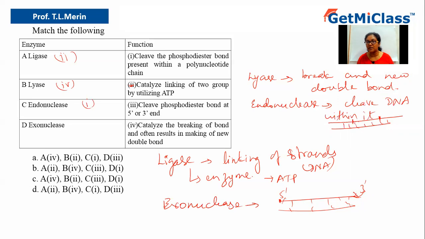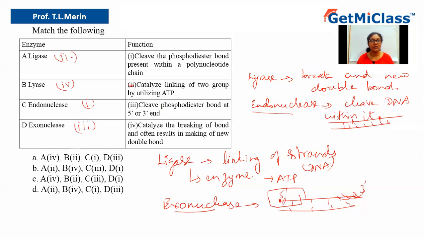From the end they will be able to remove one nucleotide, or a stretch of nucleotides. That is why these are called exonuclease, that is, from outside or from the terminal, which is slightly opposite to endonuclease. So this will match up with option 3, that is cleave phosphodiester bond at 5' or 3'. So this will go well with 3.